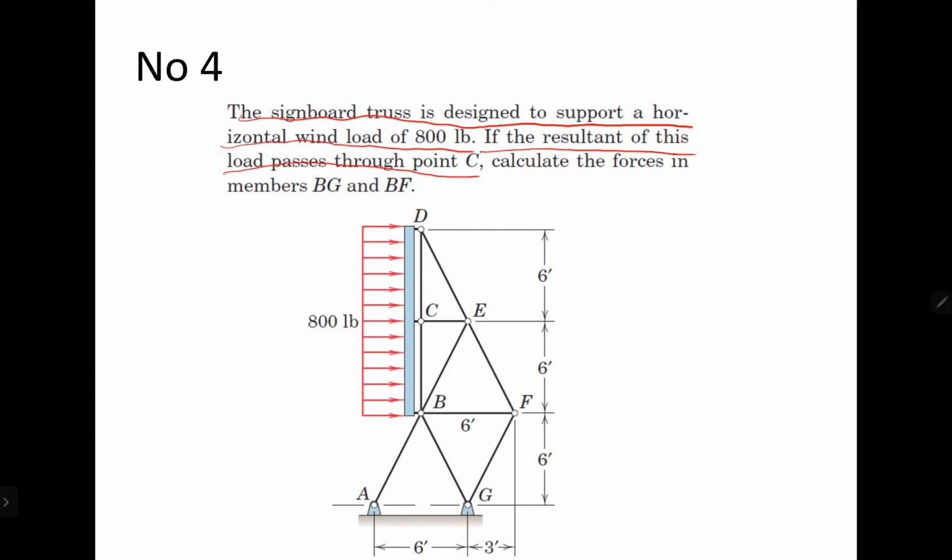So basically later, your free body diagram will become like this. Sorry, it's not a free body diagram, it's the new problem. Your new problem will become like this. There will be a pin here, another pin here.